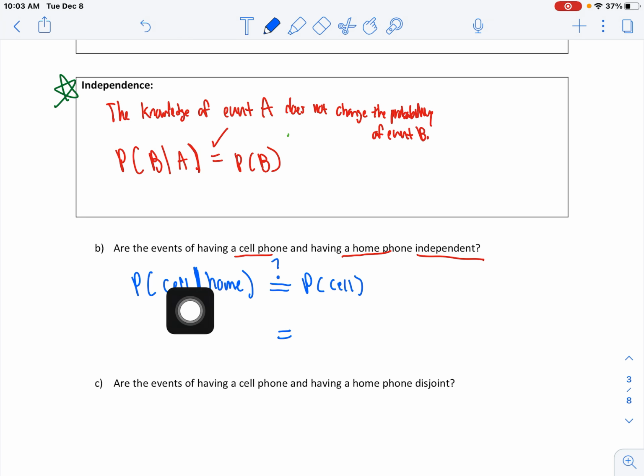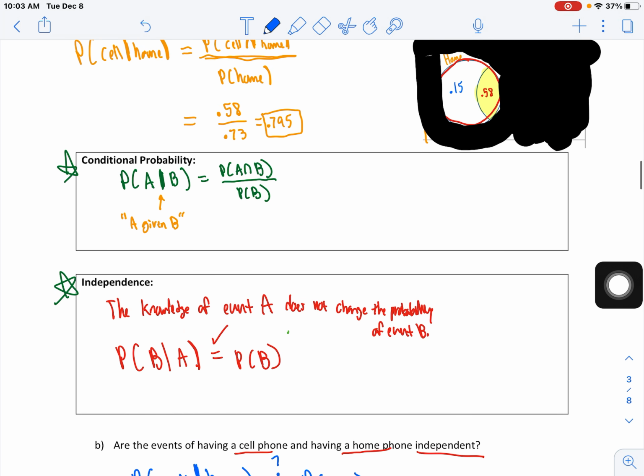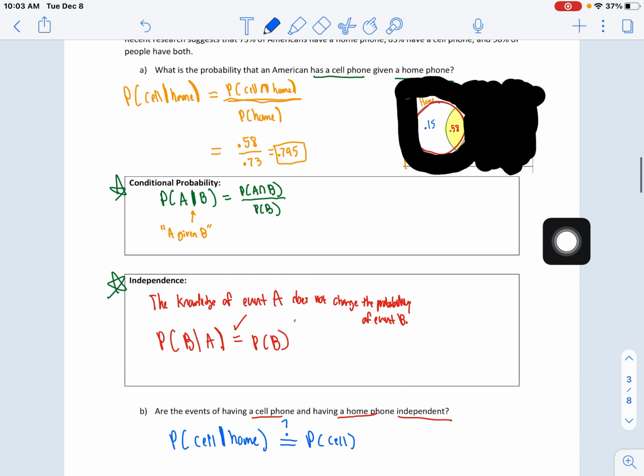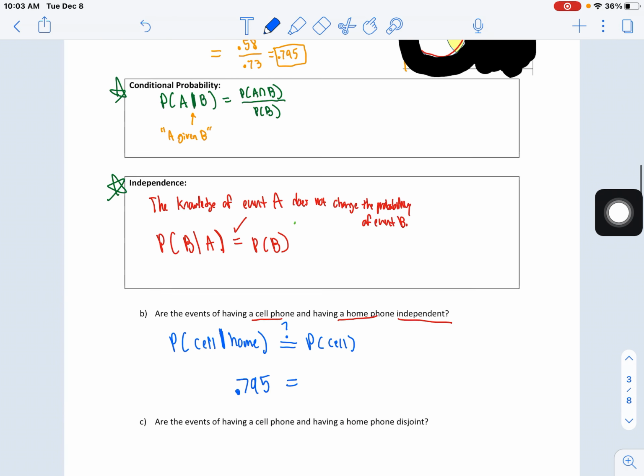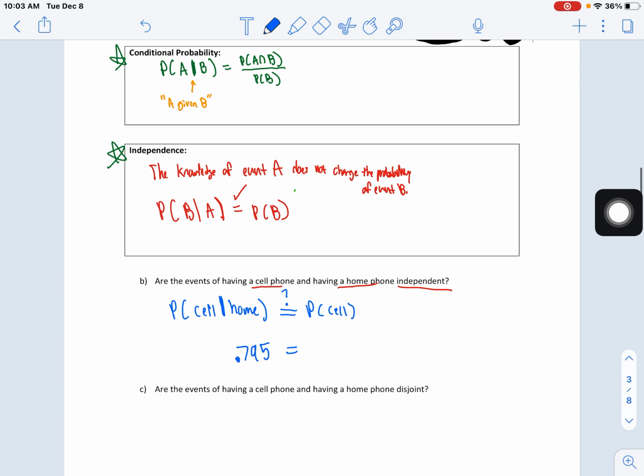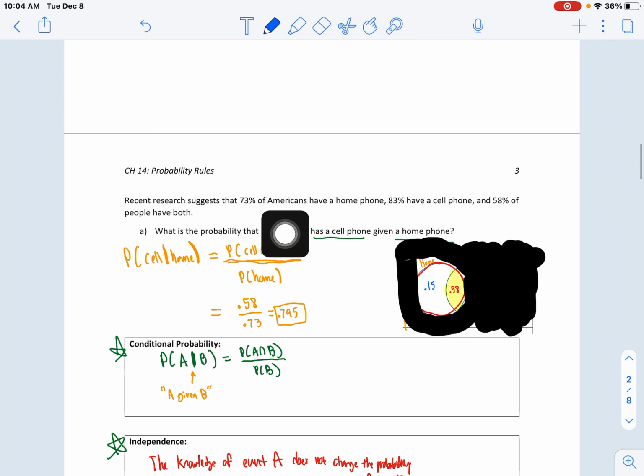The probability of having a cell phone given a home phone, that was what we just found. So that's 0.795. And now the probability of just a cell phone, we have 83%.